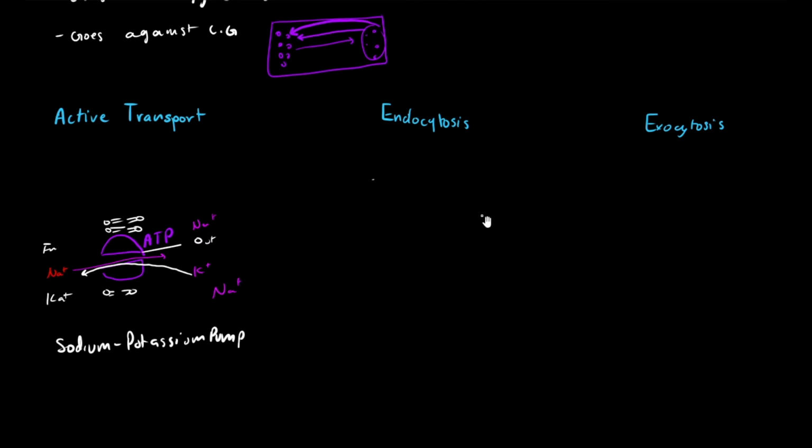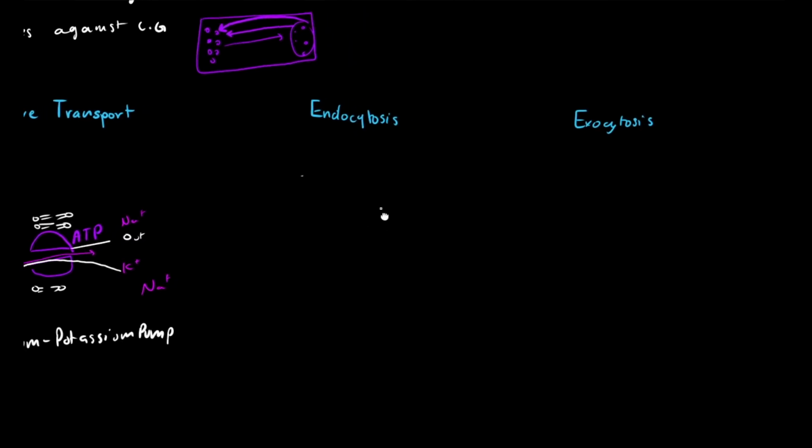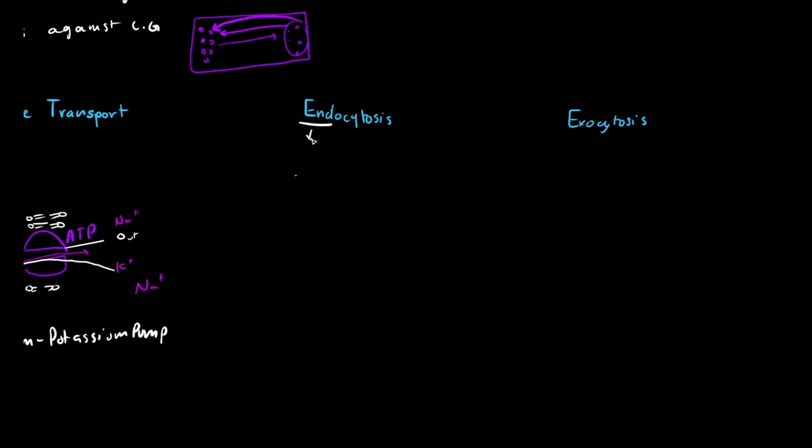Secondly, we have to talk about endocytosis. And of course, endo means inside, which means that endocytosis is the cell bringing external objects inside. So you can really envision it like this.